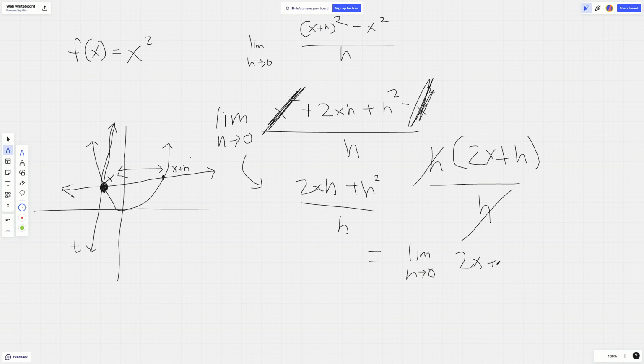And now, all of a sudden, we won't be breaking any rules of math if we just plug in 0 for h. So let's do that. We get 2x plus 0, which simplifies to 2x. And believe it or not, we're done with our formula, and the derivative of x squared is equal to 2x. Beautiful. That's exactly the correct answer.